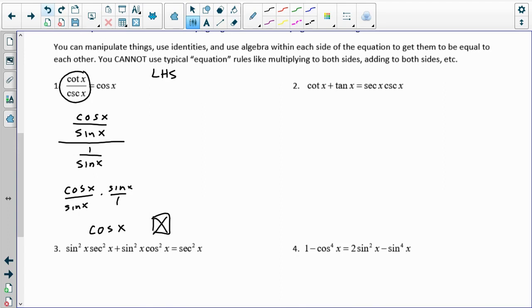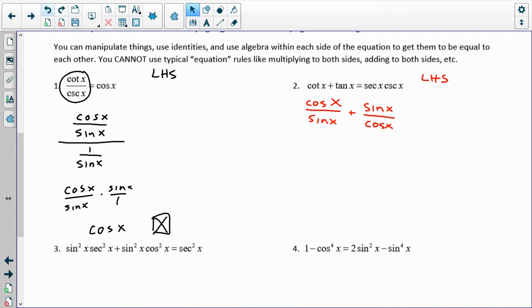Manipulating either side might be tough. I will go with the left-hand side. I'm going to rewrite everything in terms of sine and cosine. So cotangent is cosine divided by sine, and tangent is sine of x over cosine of x. Now, since I'm adding fractions, I'm going to have to get a common denominator.